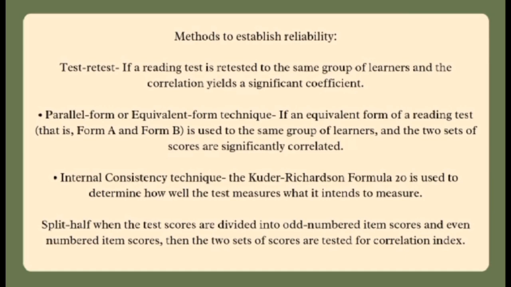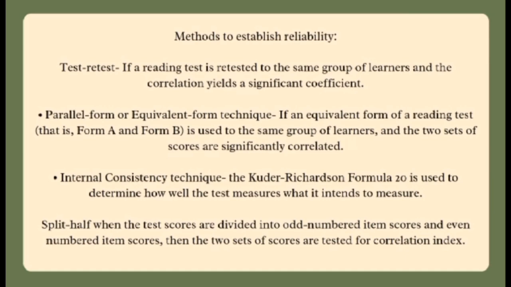Next is the internal consistency technique. The Kuder-Richardson Formula 20 is used to determine how well the test measures what it intends to measure. Internal consistency reliability: a reading comprehension test has several items measuring the same reading skill, for example, identifying the main idea.